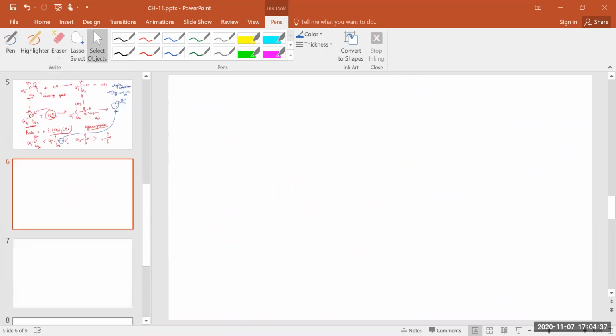Now let's come to the leaving group. For this reaction, something has to leave. OH is the worst leaving group, OH minus is a bad leaving group.